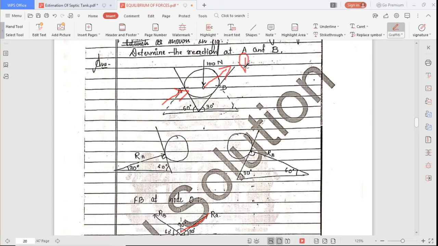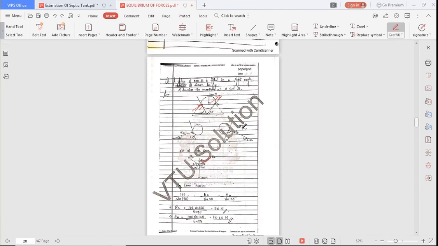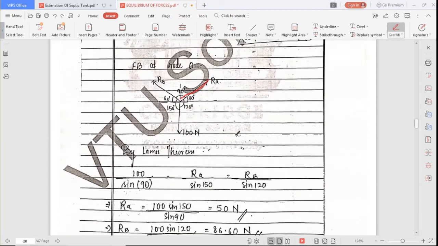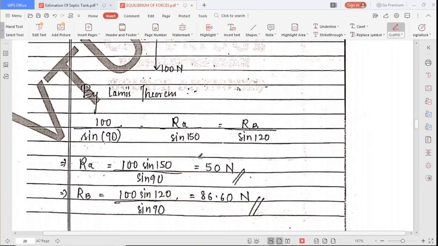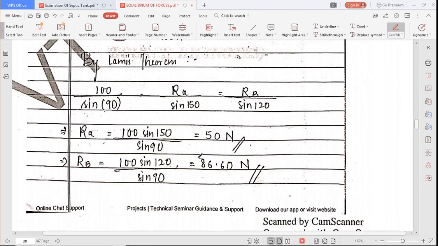We can take the RA reaction, and this reaction RB we can take here. The downward force is 100 Newton. So the FBD at O they have taken. Apply Lami's theorem. In this way, we can find the reactions RA and RB.